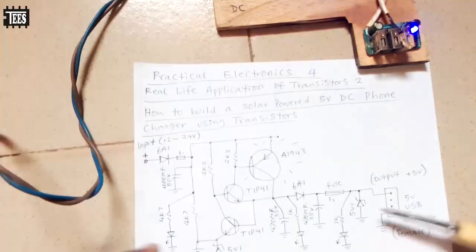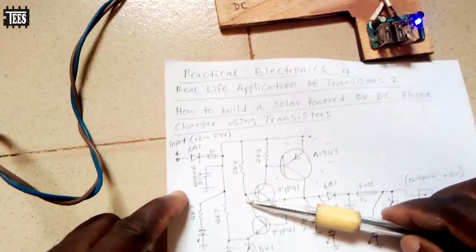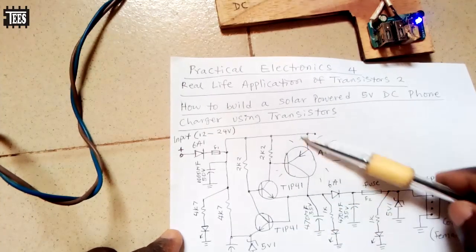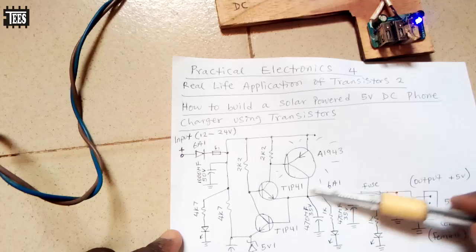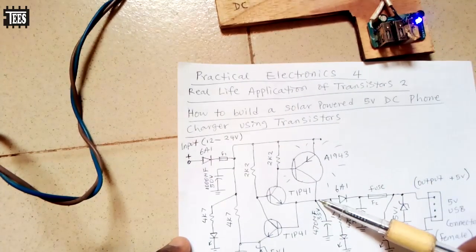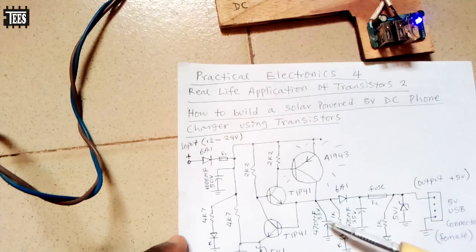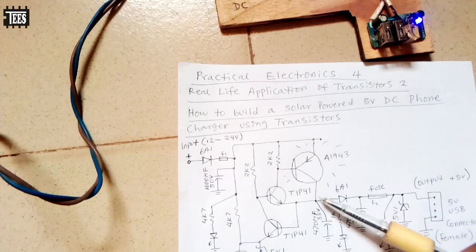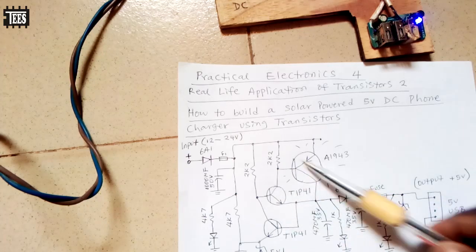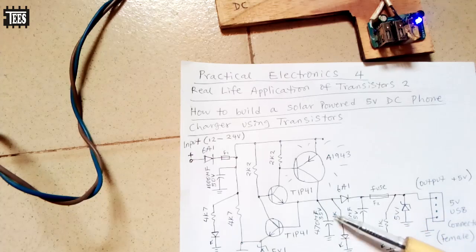Now let's see how this produces 5 volts here. If you disconnect this part, leaving only this part, and you put 12 volts here, you are going to get something close to 12 volts. Now, we want something that will monitor the output and tell this guy, hey, the voltage you are giving is too high, I want you to bring it down to this particular level.